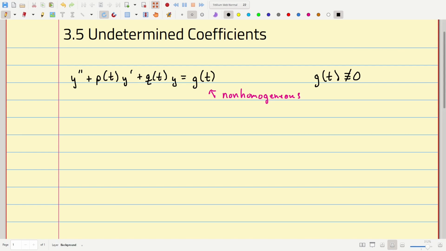Okay. Now, the way that we're going to approach this in general, before we hone in on specifically the technique of undetermined coefficients, is by following this general procedure.